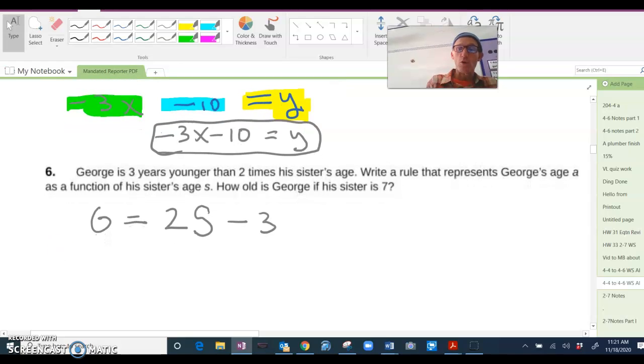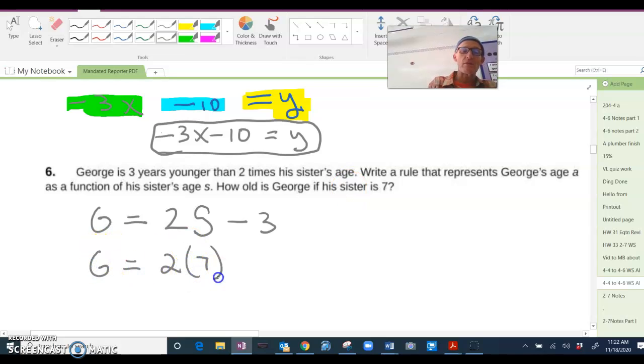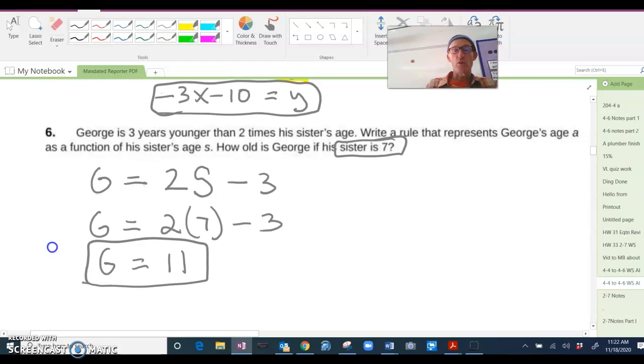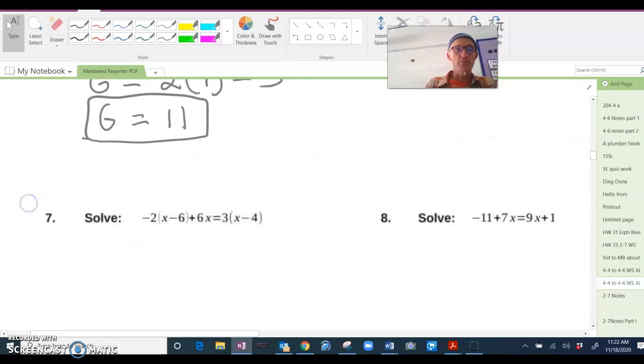So write a rule that represents George's age as a function of his sister's age. How old is George if his sister is 7? George equals 2 times 7 minus 3. So George is equal to 11.